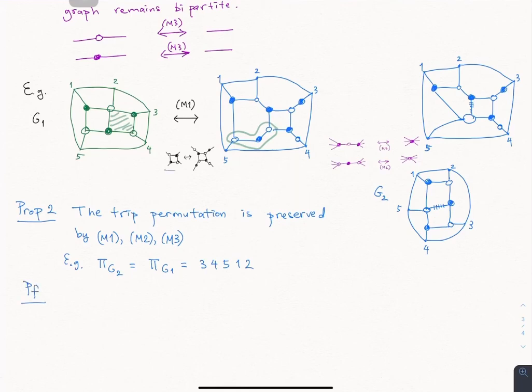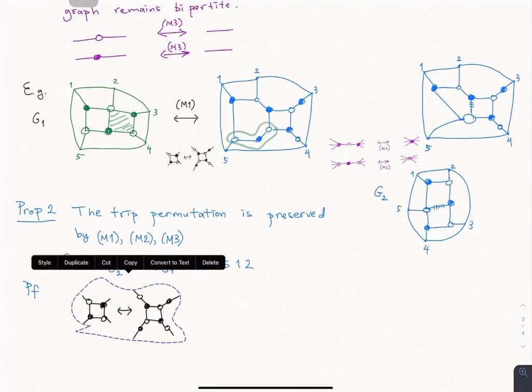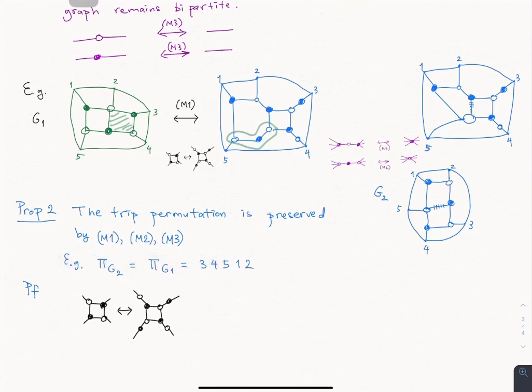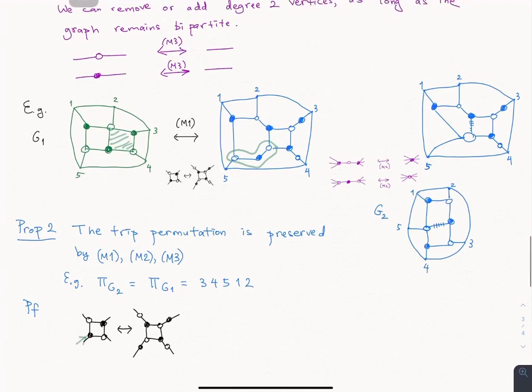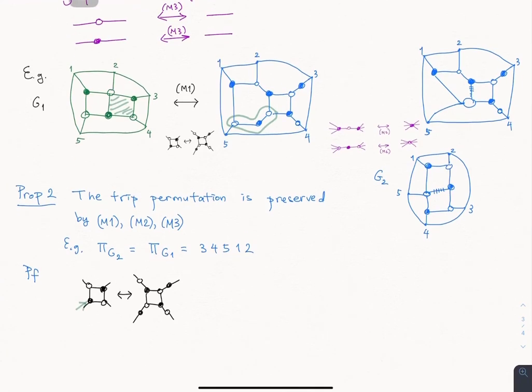So let's prove it. So for M1, let's say we have a trip going this way. So in the left local graph, I would turn right because I see a black vertex, and I turn left and I turn right.